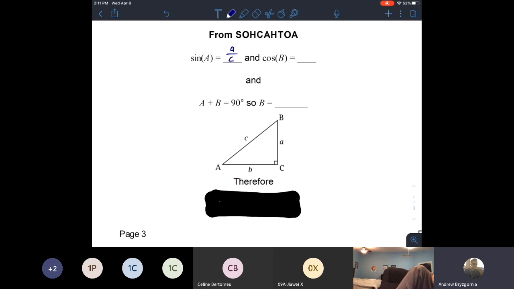Yep. So, as Adam said, sine of A is going to be A over C. Now, what is cosine of B? So again, from our triangle, what is the ratio for the sides that makes cosine of B?